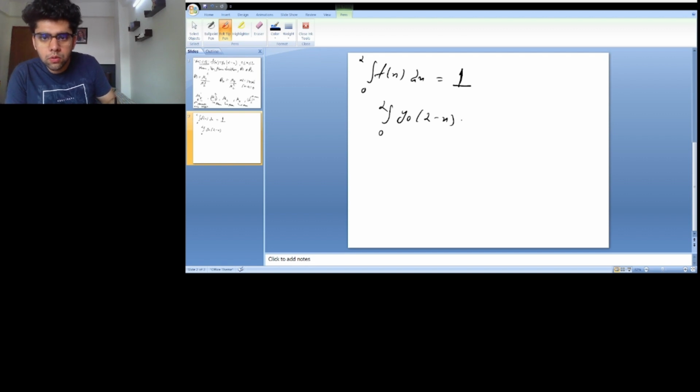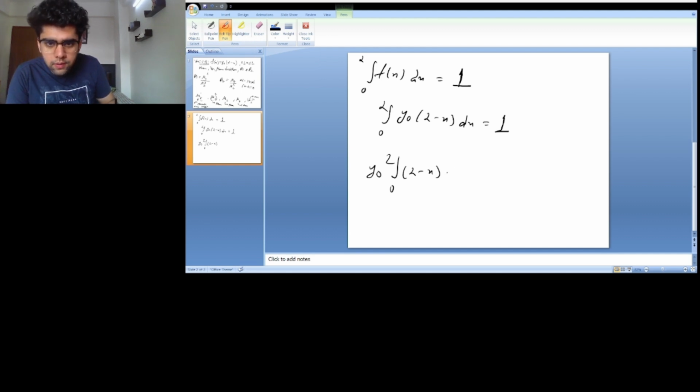This is equal to 1. Now y naught will go outside, integral from 0 to 2 of 2 minus x, wait, I should have put dx here. dx is equal to 1.